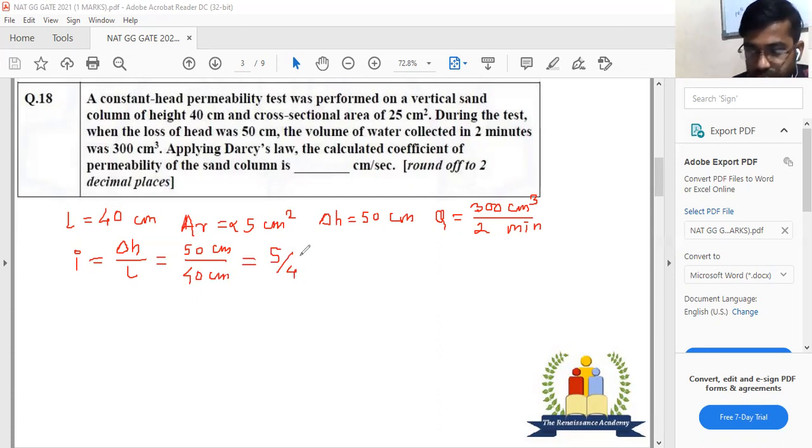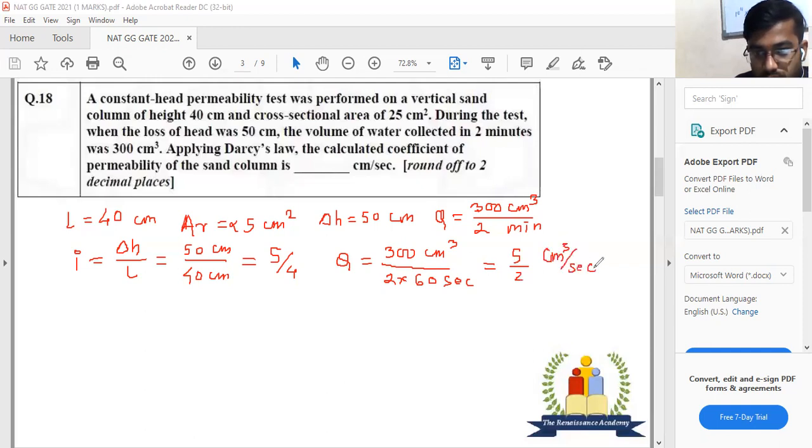Now you have I. And now convert this Q. Q is 300 centimeter cube in 2 minutes, but we need to calculate in second. So 2 minutes means 2 into 60 second. So if you solve this, you will get 5 divided by 2 centimeter cube per second. Okay, so now you have Q.